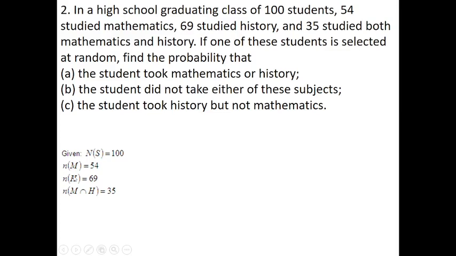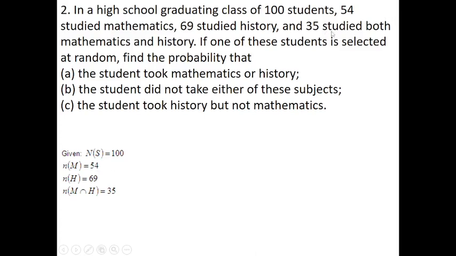So, number of outcomes, possible outcomes for the event H, where event H is the event that the student is taking history, no? So, there are 69 possible outcomes because there are 69 students who are studying history.